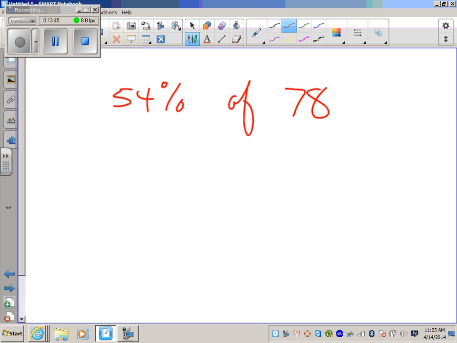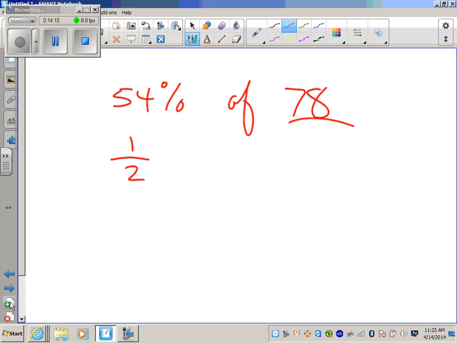54% of 78. So 54%, we're going to use what fraction? 50, which is half, is the fraction. What number closest to 78 is divisible by 2? Now here's the catch. 78 is divisible by 2, but the whole reason why we estimate is to make things a little bit easier.